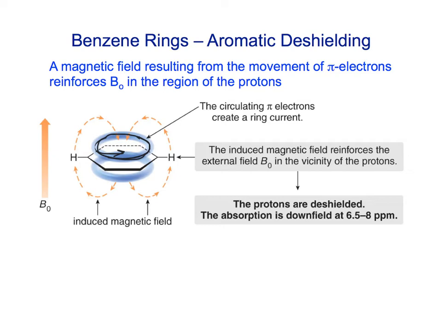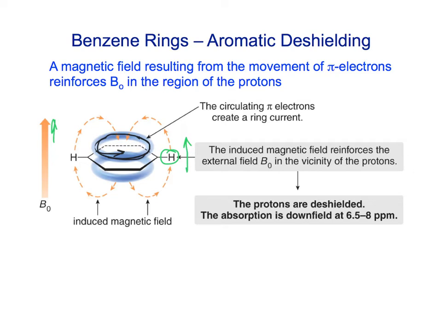So we have these magnetic field lines, and what we then need to look at is what's going on in the region where the protons lie. If we look out by this proton, we see that the magnetic field lines are going in this direction, and that is exactly aligned with the external magnetic field.